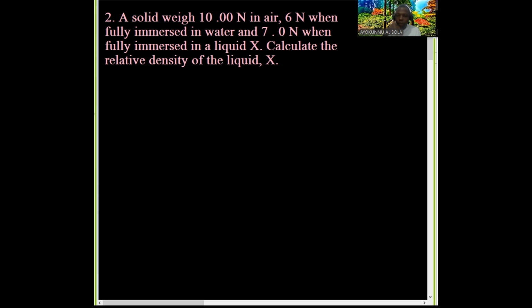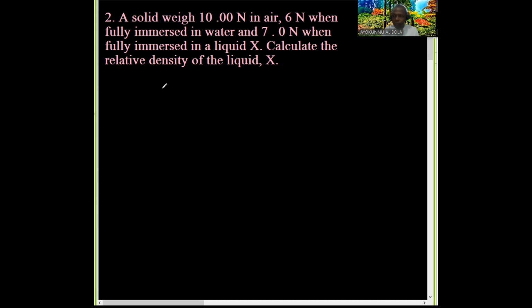Or maybe what you wanted to say is loss in weight in the given liquid over loss in weight in water, right? Yes. That is upthrust in the liquid over upthrust in water. And that would be 10 minus 7 over 10 minus 6.